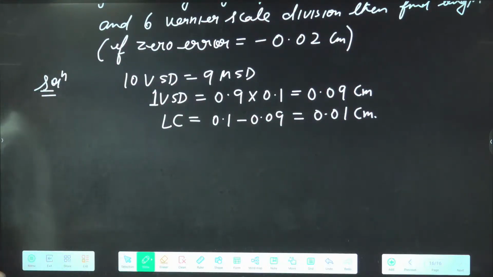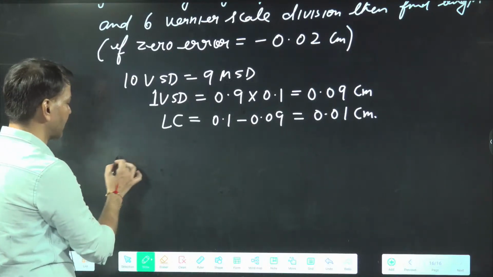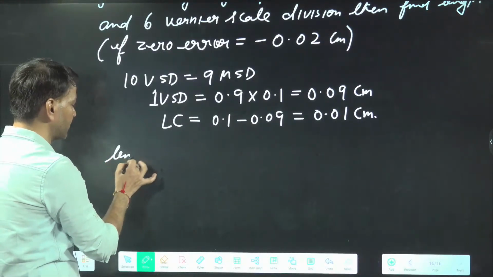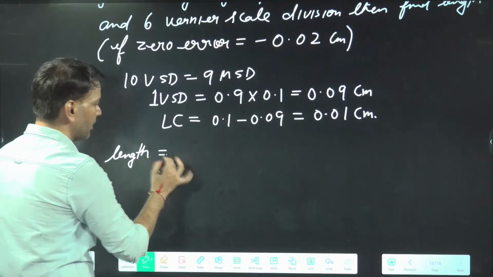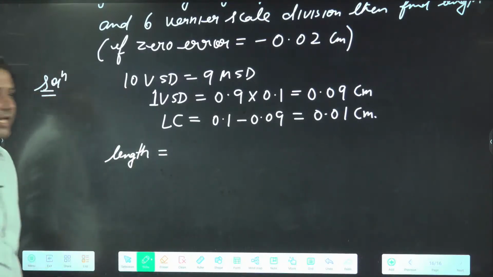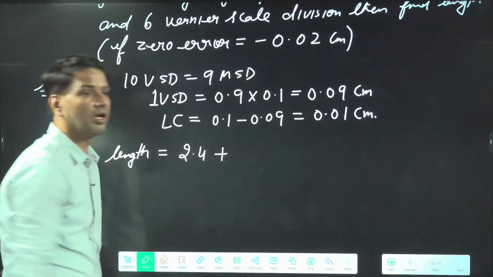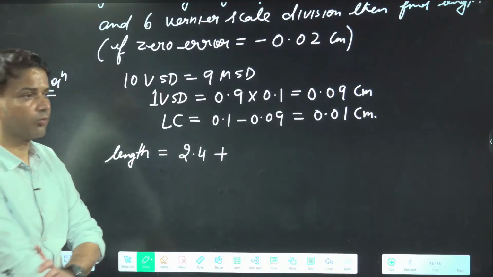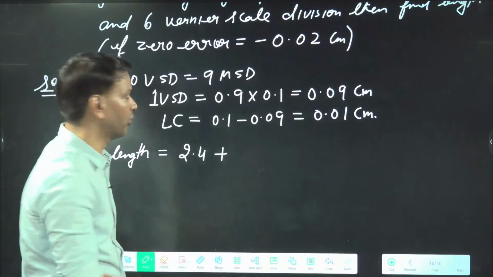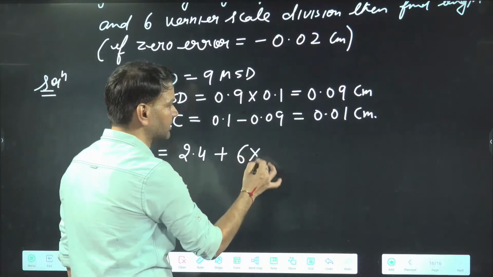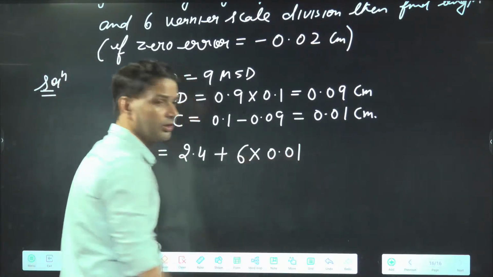Now what is the length of the object? Length of the object is equal to MSR. MSR they have directly given, 2.4 centimeter, so we put the MSR plus, for the VSR we take N into least count. What is the N? They have given 6 and least count we got 0.01.